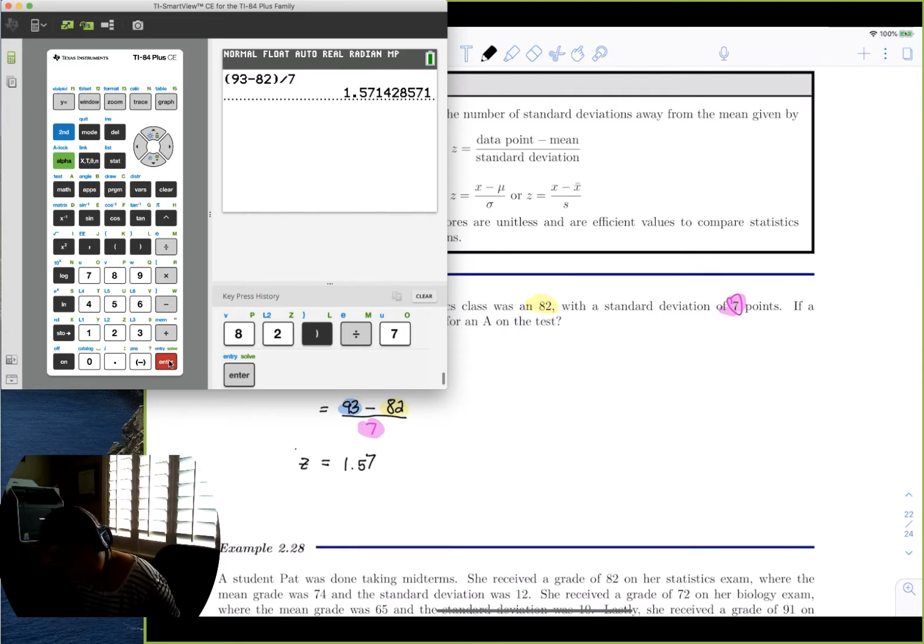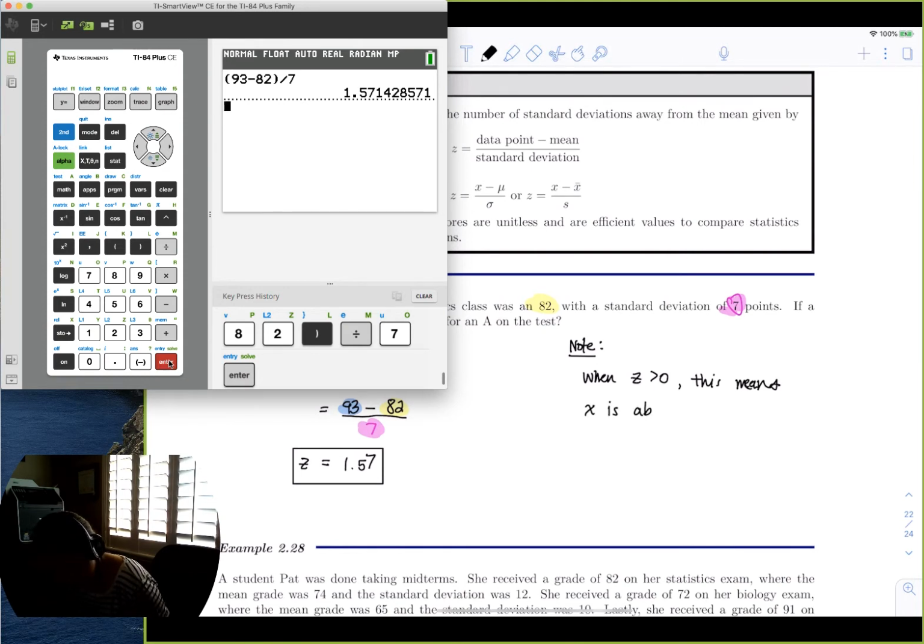There's the z-score. And so notice that the z-score is positive here. So let's make a note. So when z is positive, this means the x value you're observing is above the mean.